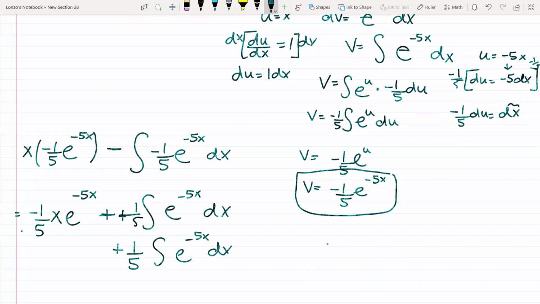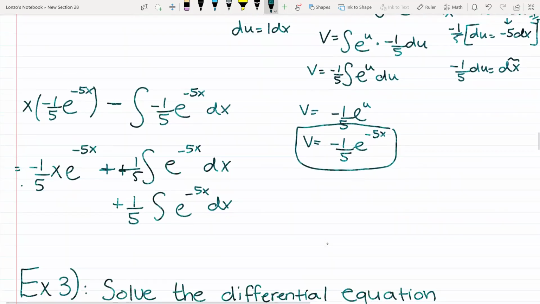Now, what is the integration of e to the negative 5x? We did it before. It's negative 1/5. So the integration of this part right here is negative 1/5 e to the negative 5x. So you have a constant, so you could take it out. So it's plus 1/5, and then you also have an extra negative 1/5, and then it's just going to be e to the u, or in our case, negative 5x.